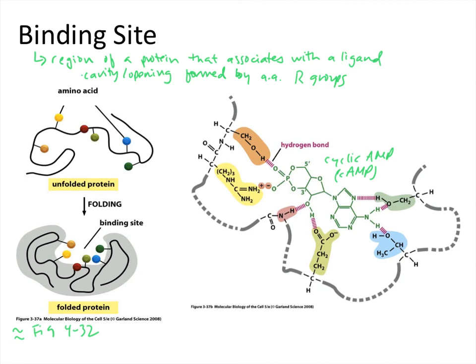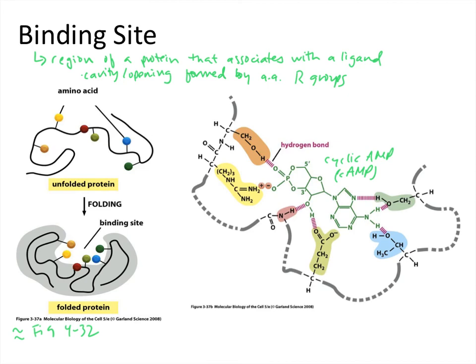It's actually a derivative of ATP, and it's used in signaling cascades. We're going to hear more about cyclic AMP later. For now, this is just showing us a ligand and how it can interact through a number of non-covalent interactions, specifically hydrogen bonds, to hold this ligand in place.